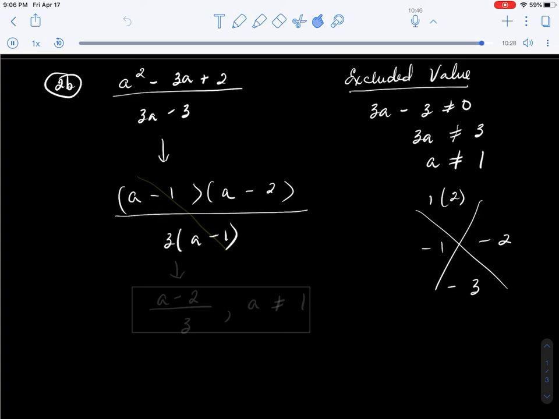Let me go ahead and cross it out. That's what they have in common. So I should have a minus 2 over 3, where a cannot equal 1.